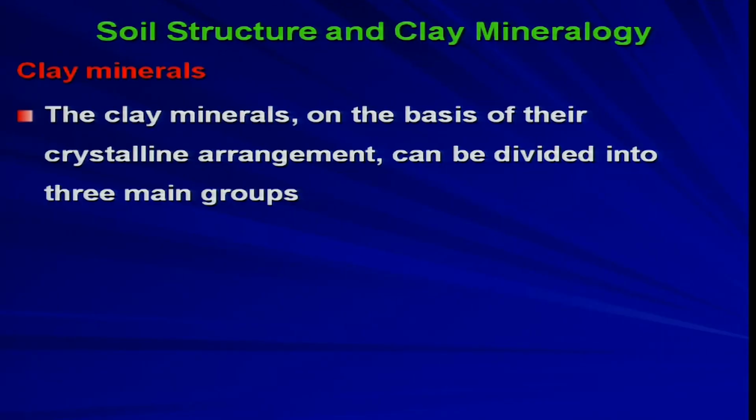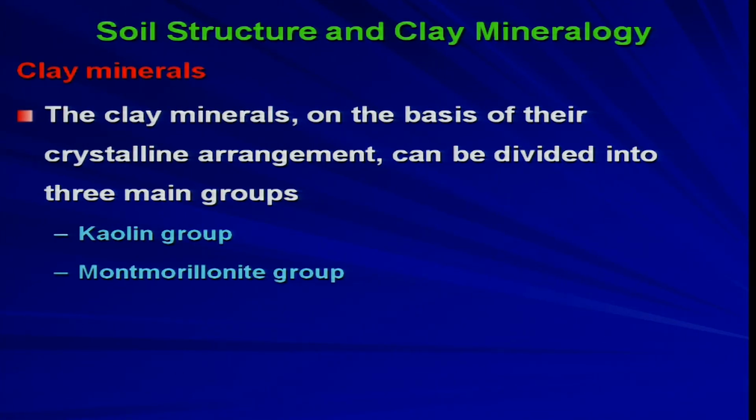The clay minerals, on the basis of their crystalline arrangement, can be divided into three main groups. So, based on how they are oriented and how their crystalline structure is, there are mainly three groups. First one is the kaolin group, second one is the montmorillonite group, and third one is the illite group, and we will be discussing these groups separately.